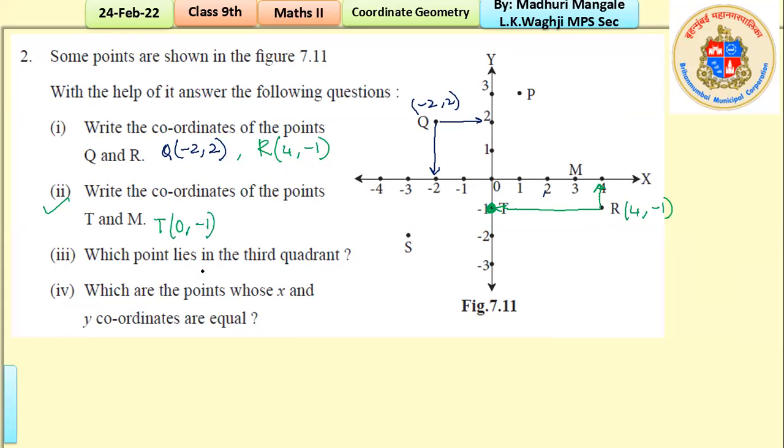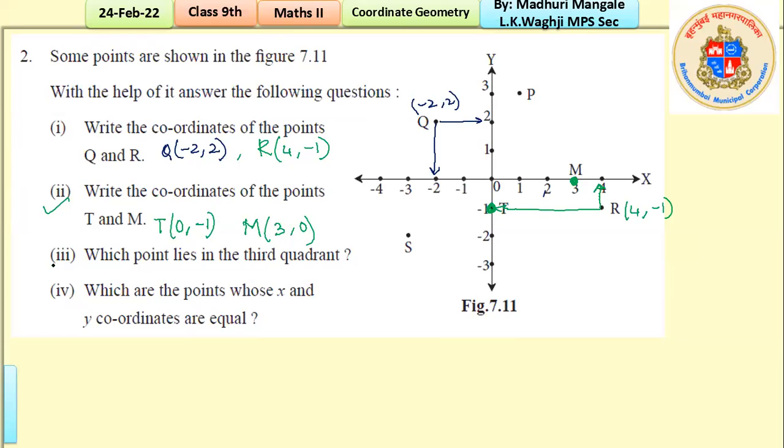That's the coordinate of point T. Next, M. Check where M is. Here it is on the x-axis. Since it's on the x-axis, the value for x will be 3 and the y will be 0. The coordinates are 3, 0.